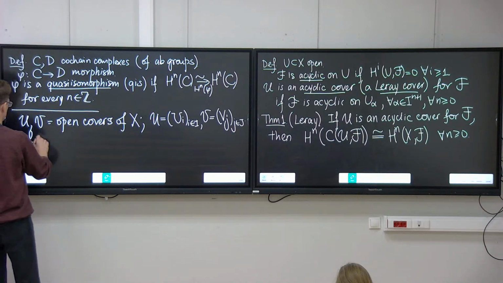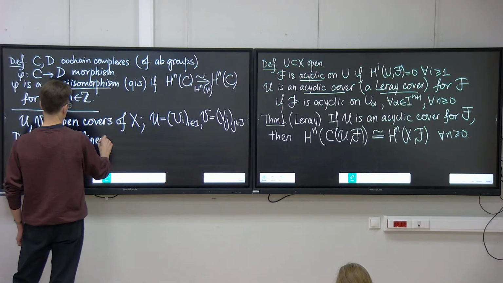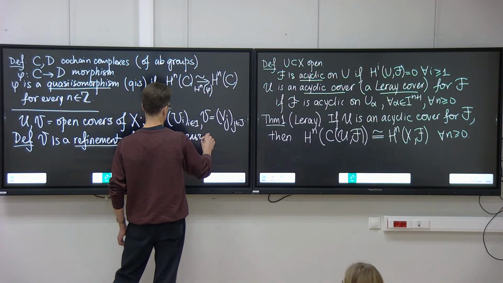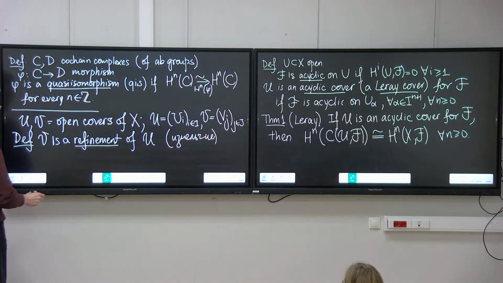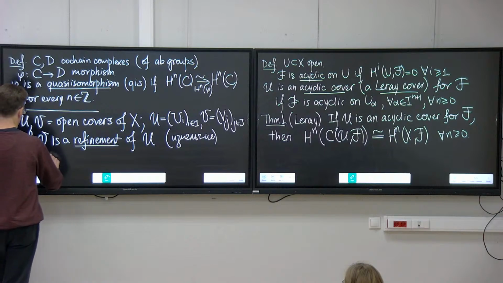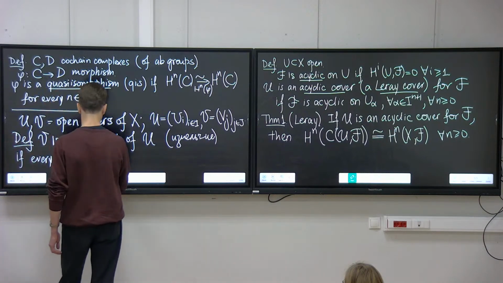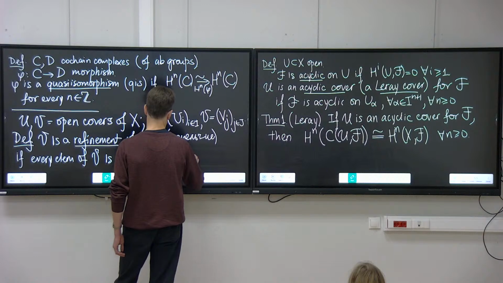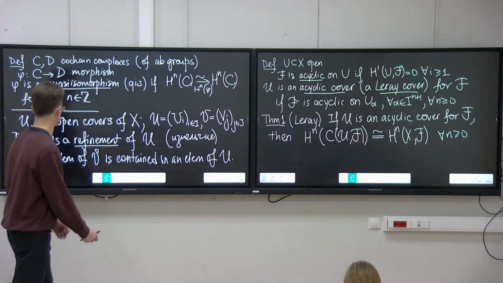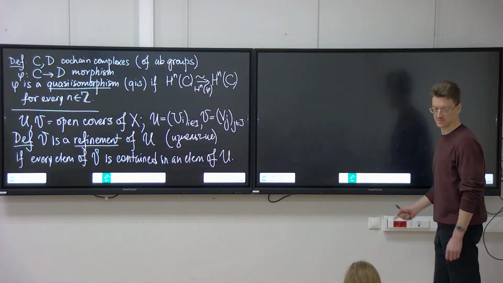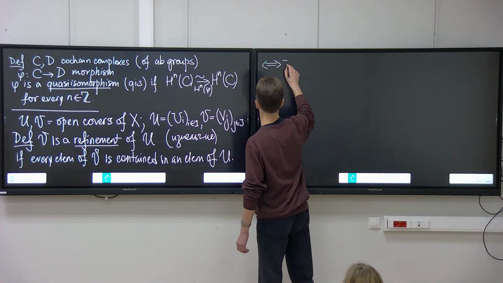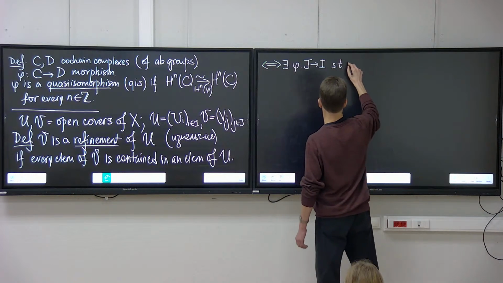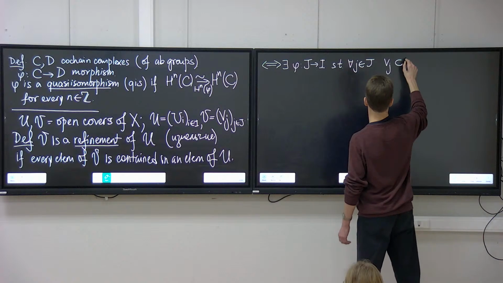And we say that V is a refinement of U, in Russian измельчение, if every element of V is contained in some element of U. Equivalently, this means that there exists a refinement map phi from the index set J to the index set I, such that for every j, V_j is contained in U_phi(j).